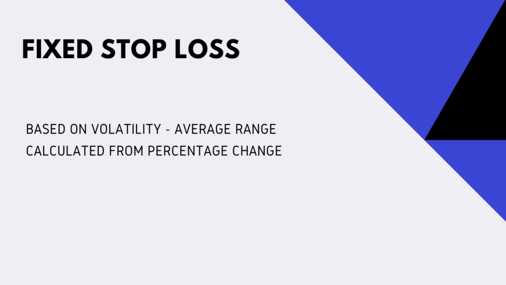For example, how much does the stock move on average each day or each hour, depending on the time frame of your choice. An indicator used by many professionals to set stop loss based on volatility is called average true range, and it is always accessible on all of the trading platforms.